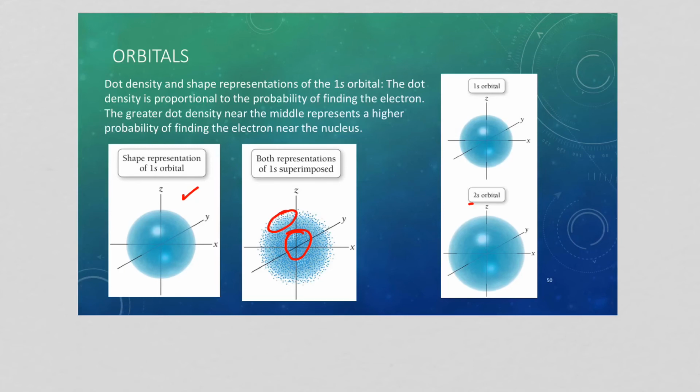Since in the second level the electrons are more likely to be further away from the nucleus, we have a bigger area to encompass where the electron is likely to be found. So it's kind of like these stacking ideas, right? There's a 1s orbital that's a certain size. There's a 2s orbital, same shape, bigger. 3s orbital, same shape, even bigger, right? Because the electrons have higher probabilities of being found further away, so the shape must be larger to encompass that.